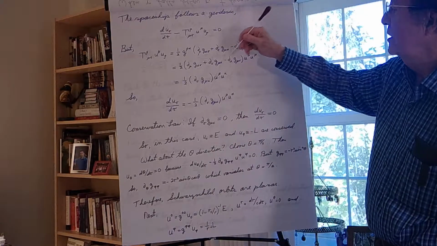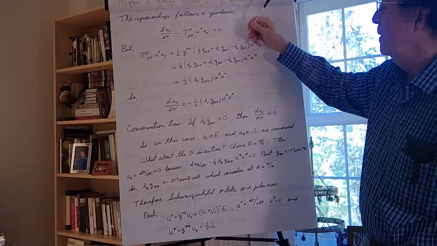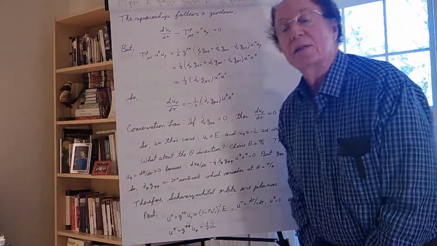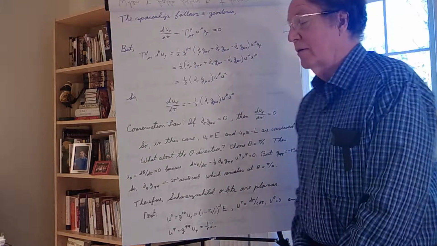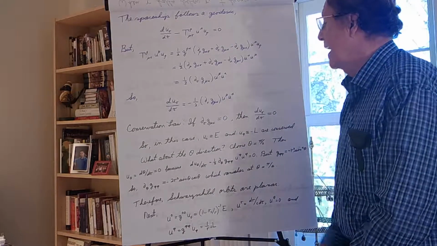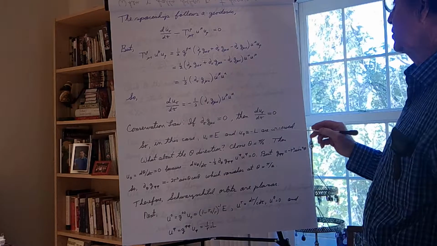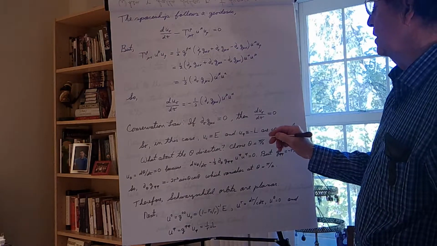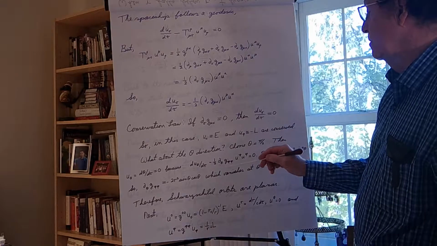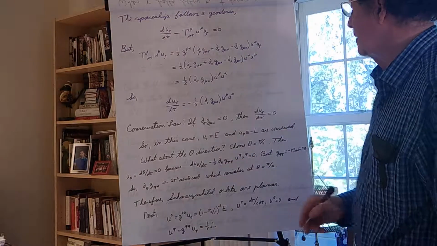Because I know my Schwarzschild metric has no time dependence and it has no phi dependence. Okay, it's spherically symmetric and it's time independent, it's static. And so this character is equal to 0 for the case of sigma equals 0, and the case sigma equals phi. Okay, and that's written down here.